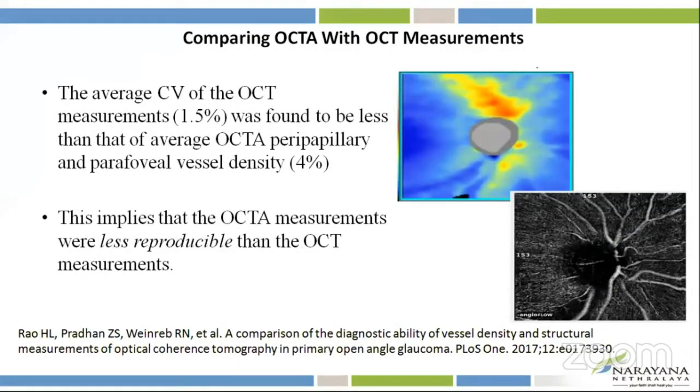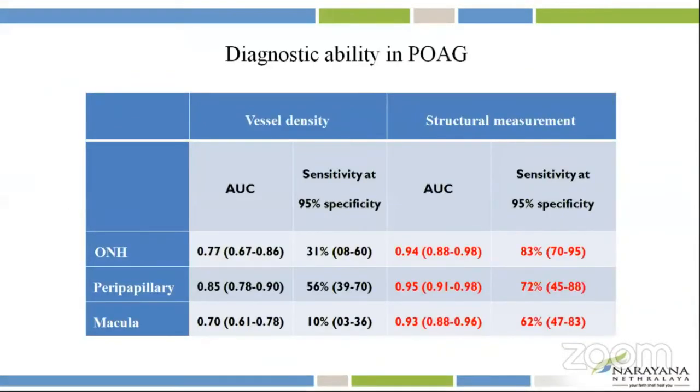When we compare OCTA with OCT RNFL measurements, the average coefficient of variation of the OCT measurements was 1.5%, while that of OCTA was 4%. This implies that the OCTA measurements were less reproducible than the OCT measurements.